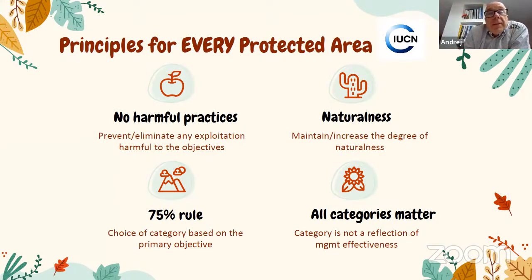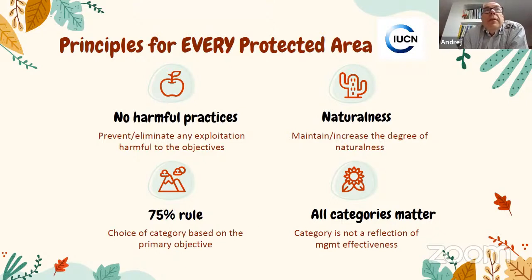The 75% rule, this is very, very important and often misunderstood. The primary management objective for every protected area, according to the international IUCN standards that are also adopted by the CBD, say that in 75% of this area, this primary management objective should be applied, and that in 25% other activities, other objectives could easily be fulfilled.